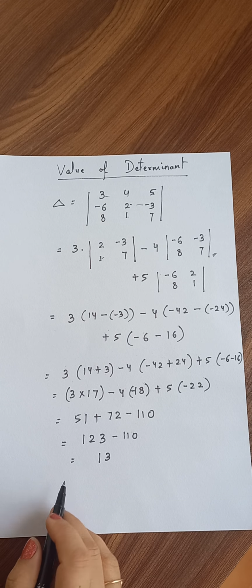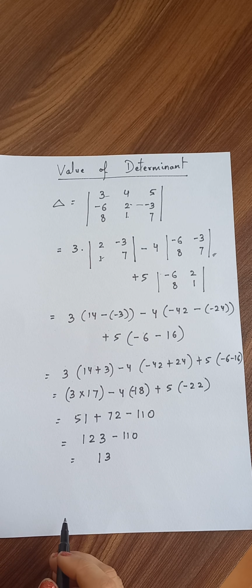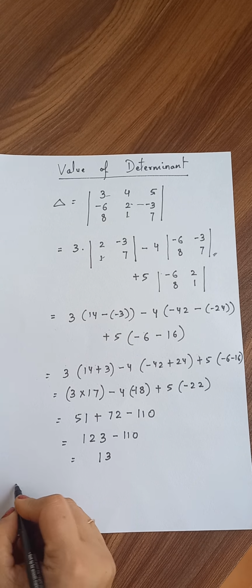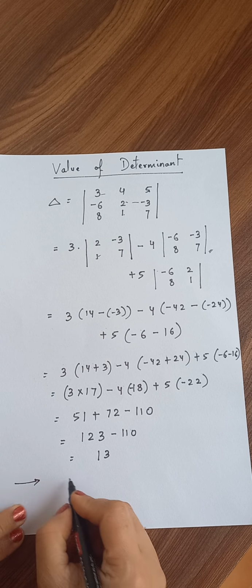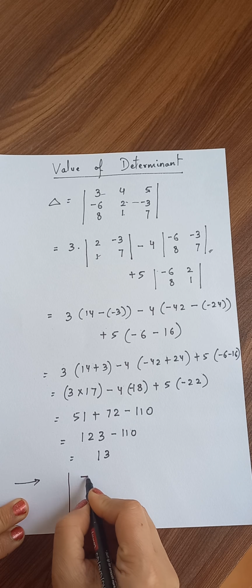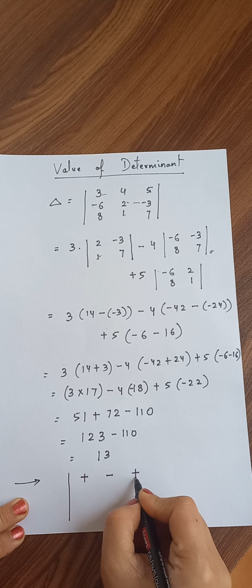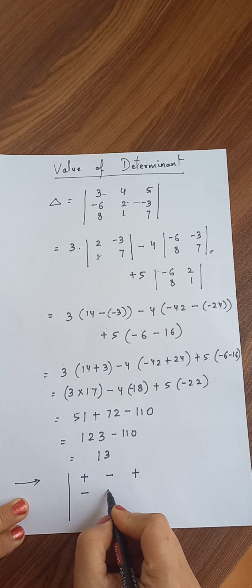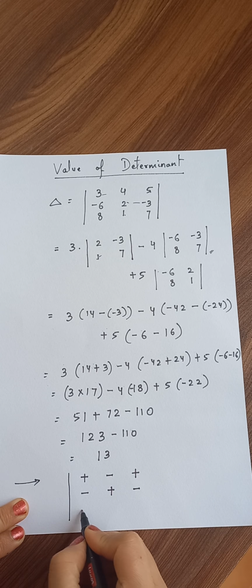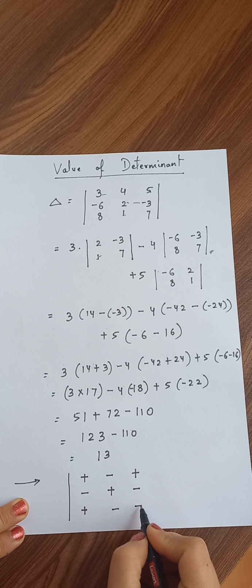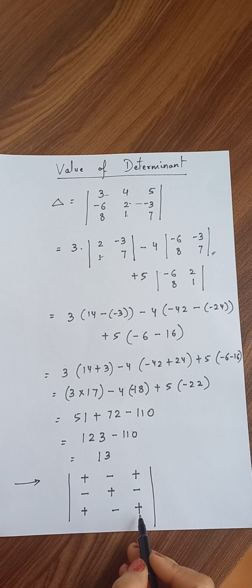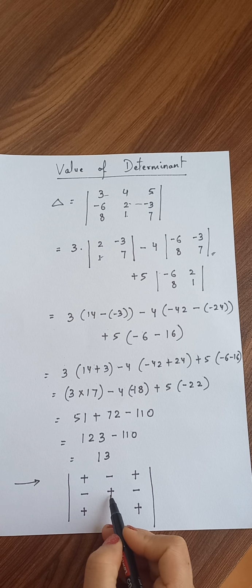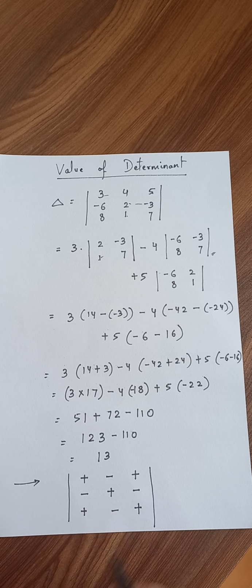One thing you must remember while expanding a determinant by a row or column is that the following signs will occur: plus, minus, plus, minus, plus, minus, plus, minus, and plus. That means all four corners will be positive, including the center. The remaining four positions will be negative in the case of a 3 by 3 order.